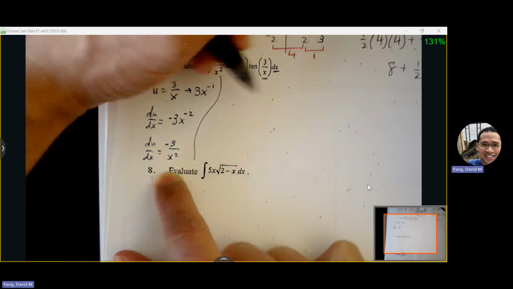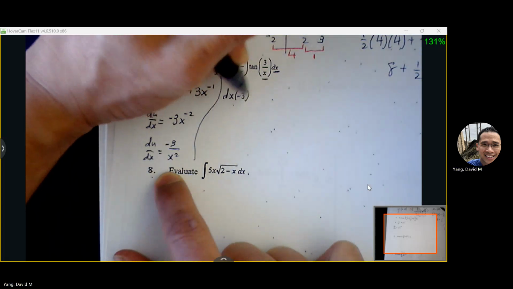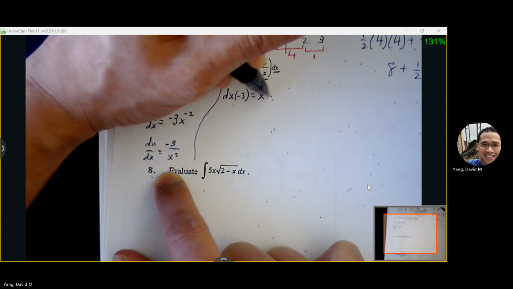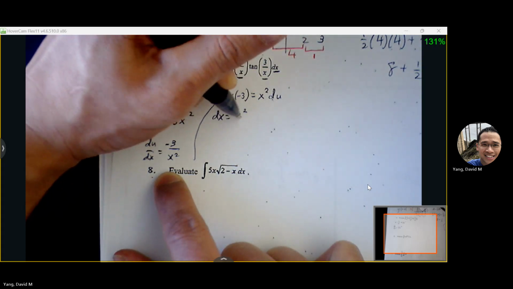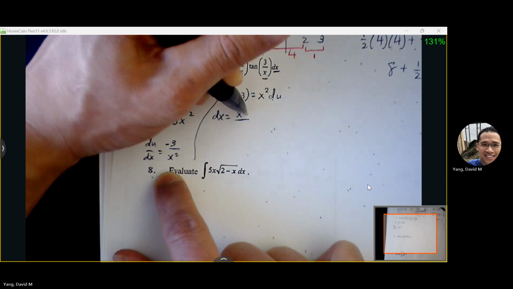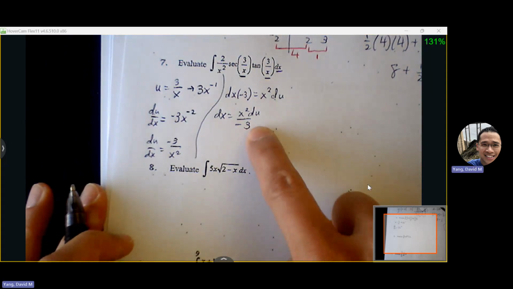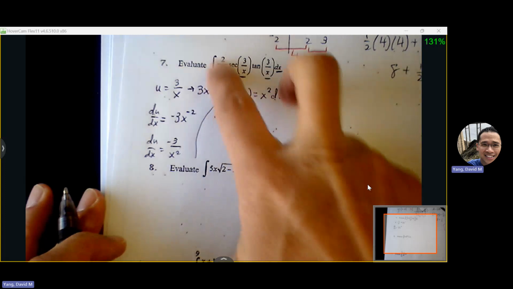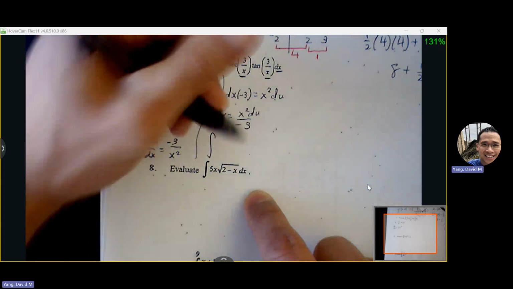Right, cross multiply. Trying to get dx by itself. Now that you have dx resolved, put things back into your integral notation.